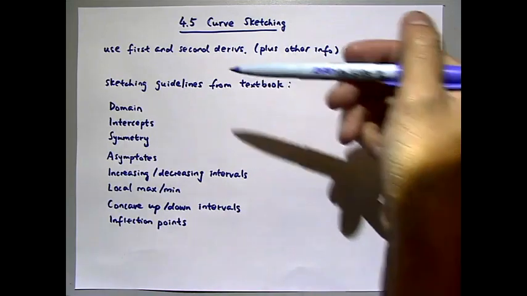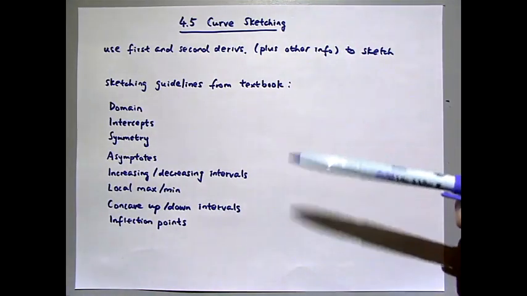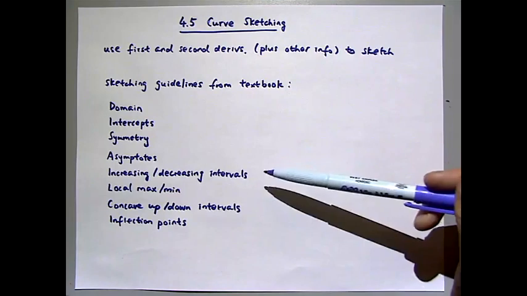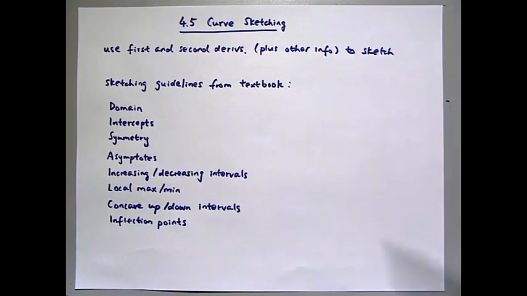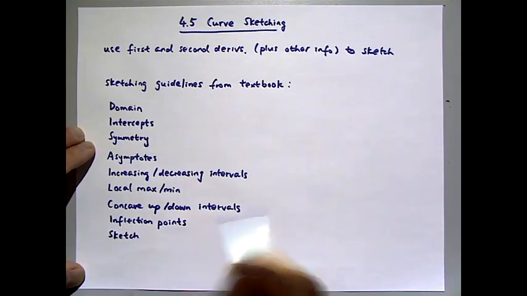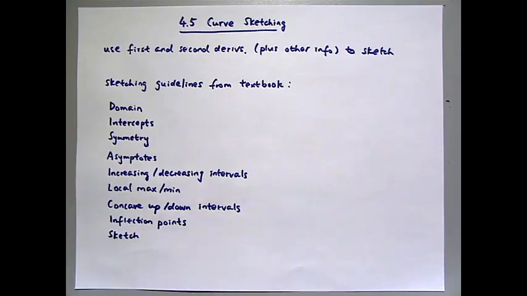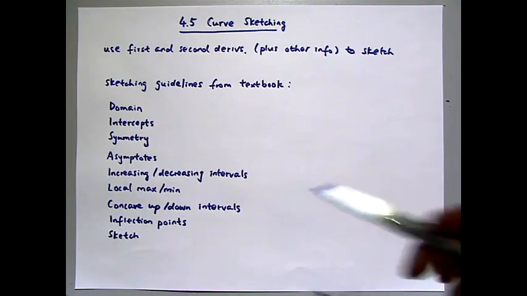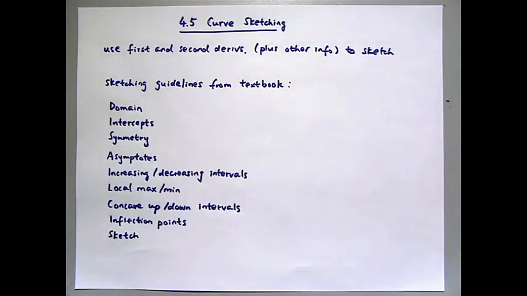Finally, using what we have found, primarily the points and the intervals, we can come up with a reasonably good sketch. When we sketch things this way, we are not looking for the perfect, accurate graph. We're looking for something that resembles what it should look like. Specifically, the shapes, the max, min, stuff like that. But we're not looking for the perfect graph.